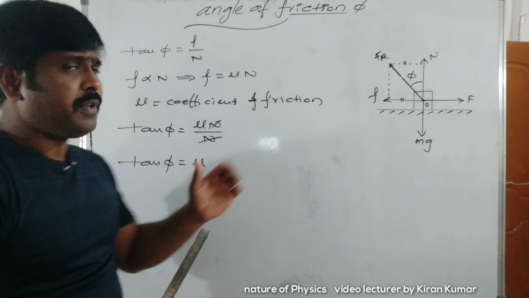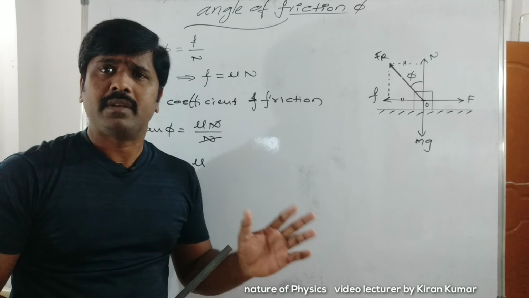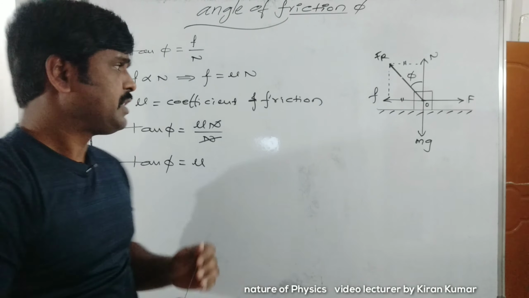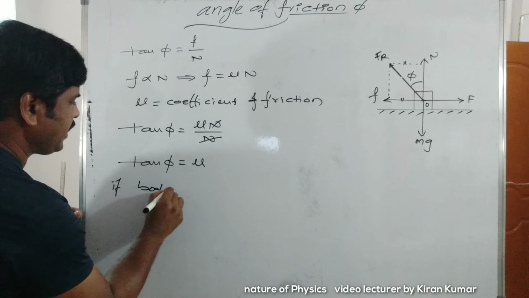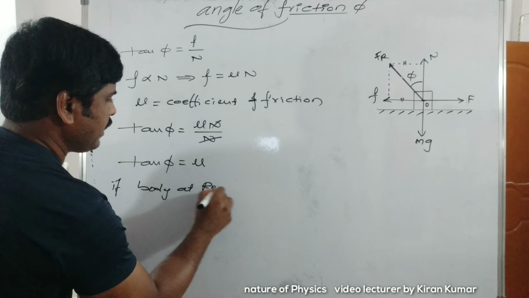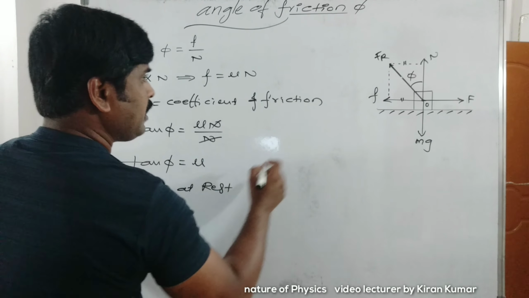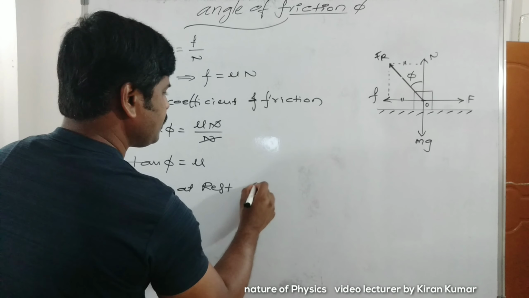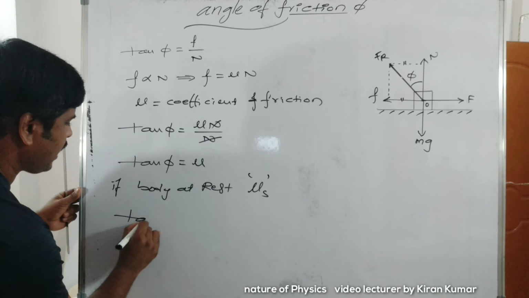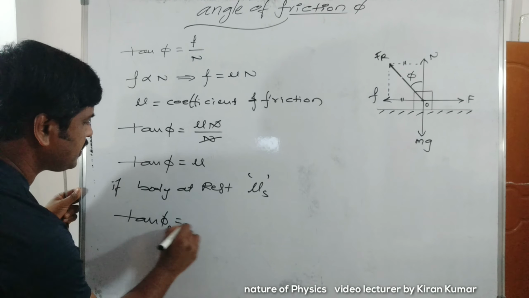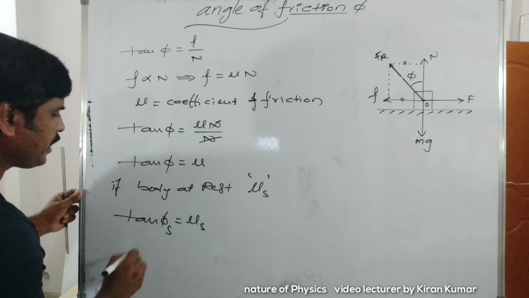See, if the body is at rest, then static friction takes place. If the body is at rest, here static friction takes place, that is tan phi s is equal to mu s.